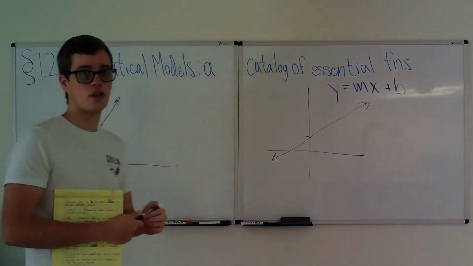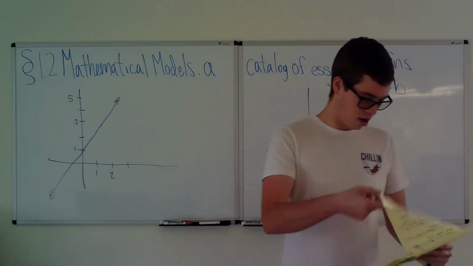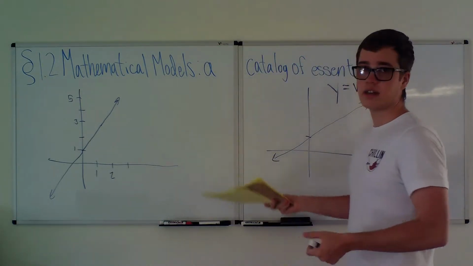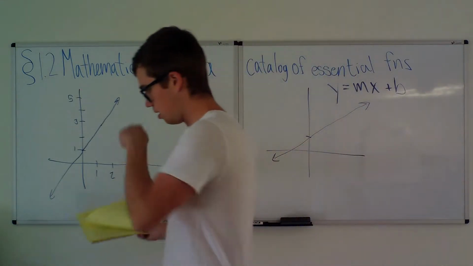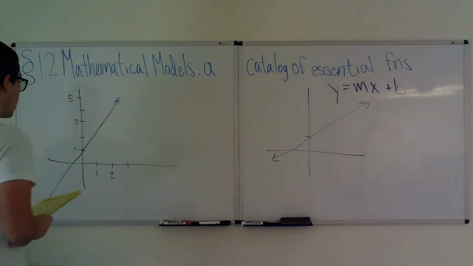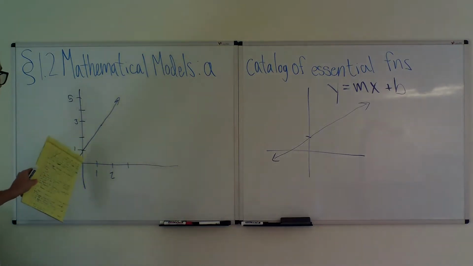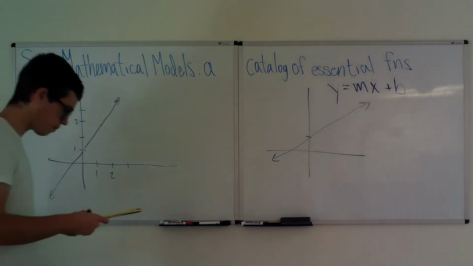Pretty simple. This should all be review as of right now. So pretty much what this means is the y-intercept is where the line touches the graph when x equals 0, and so here it touches at y equals 1.